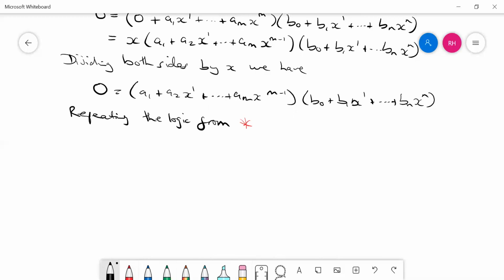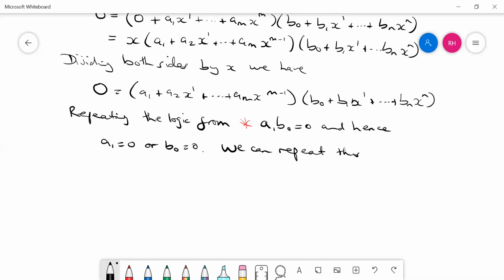So now here we know a1 times b0 equals 0, and hence a1 equals 0 or b0 equals 0. So we can repeat this or these steps each time. So every time we do this, we show that one of the coefficients is equal to 0.